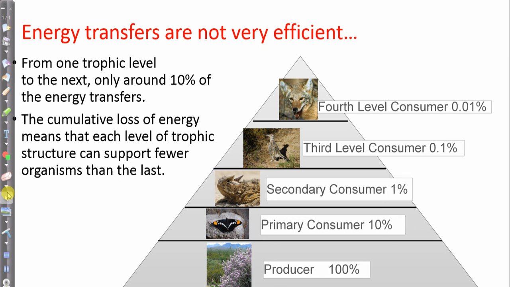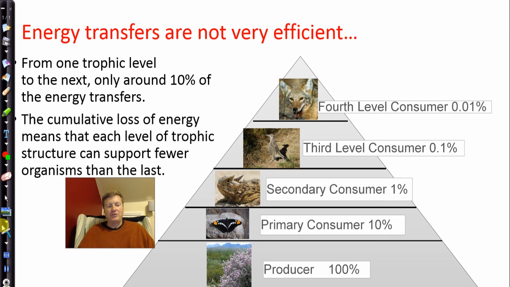If you start with 100 units of energy down here at the bottom, when the primary consumer eats the producer, only 10% of that energy gets transferred to that consumer. A lot of the energy is going to be released as heat.